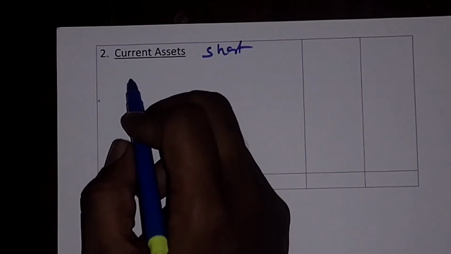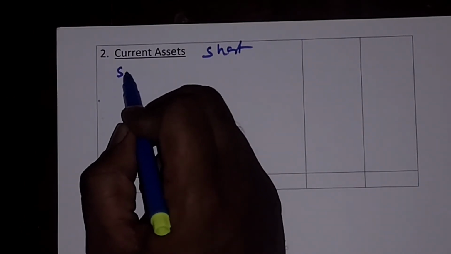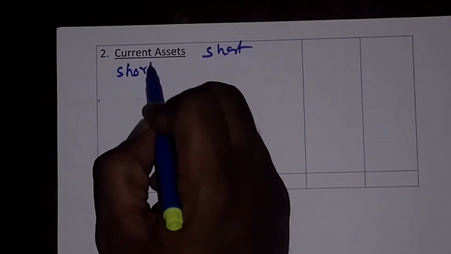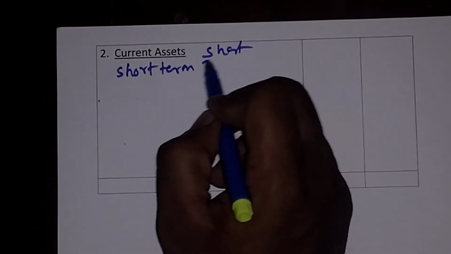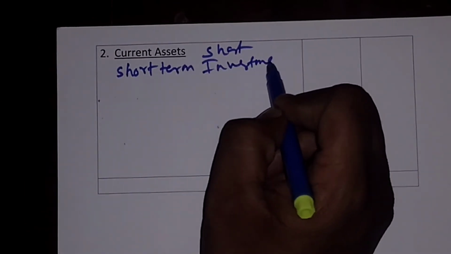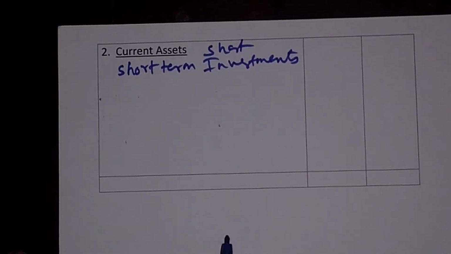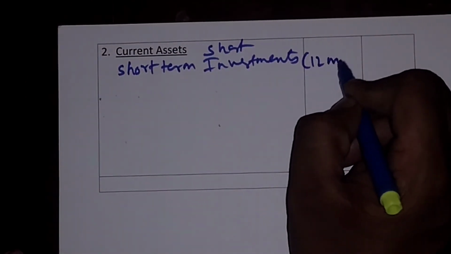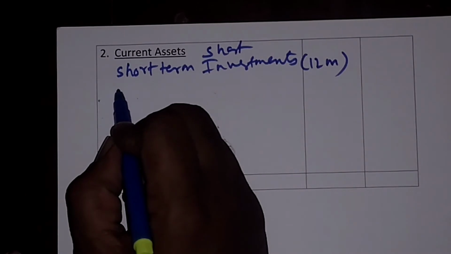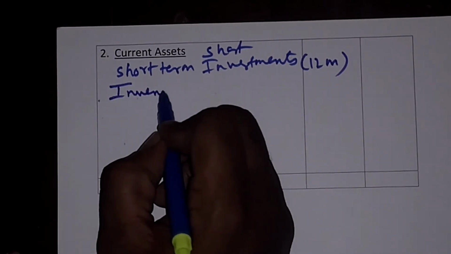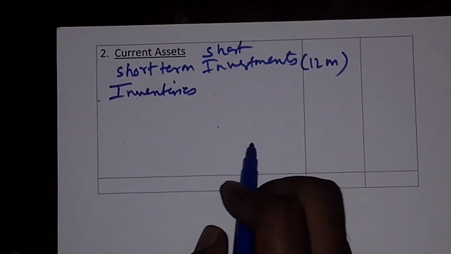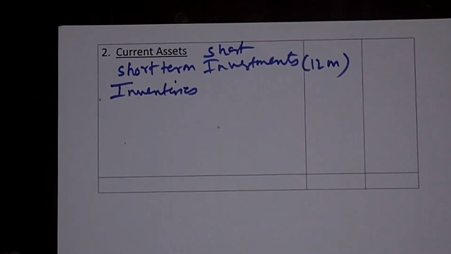Therefore, the very first one is short-term investments. What are short-term investments? The investment which will be held for less than 12 months. Next one is inventories. What is inventories? Inventories means stock.